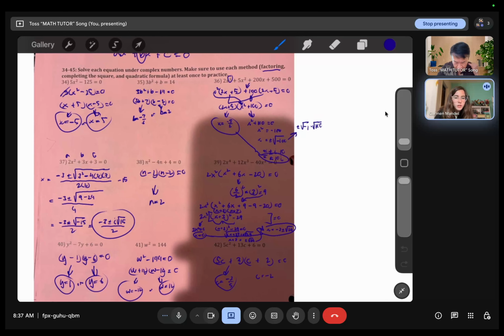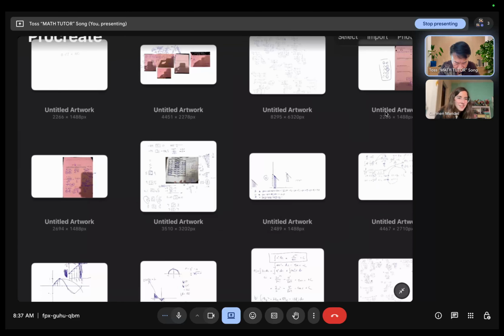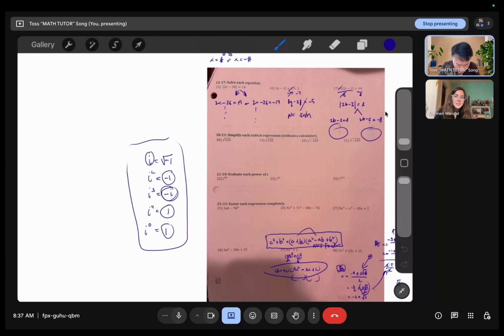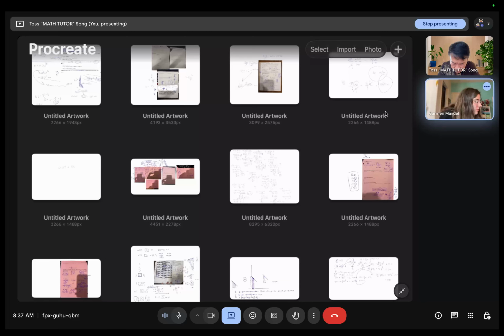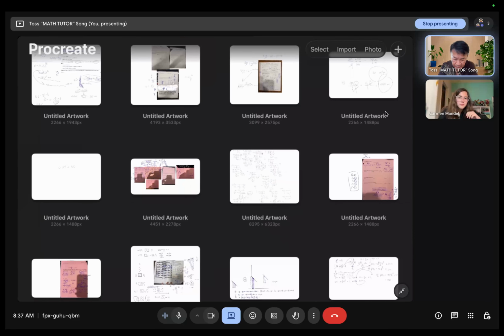Which one? 43. Oh wait, it's one off. Let me see. It's a continuation of that. I can just read you the problem if you want. It's still under the same instruction, right?